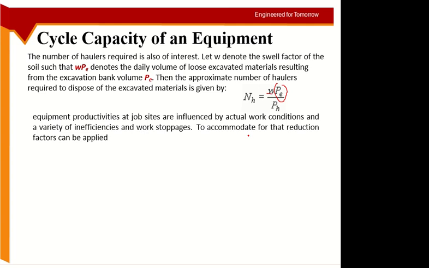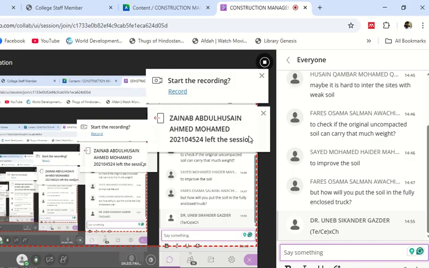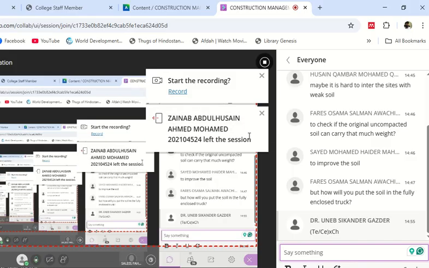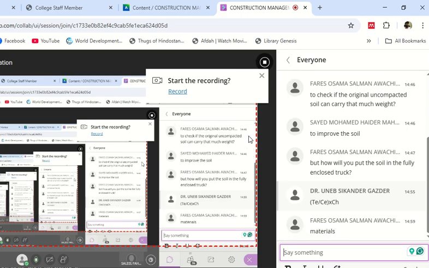Now can somebody remind me in which course you have seen or used this W factor? You have used it. The swell factor, where did you use it? Materials, okay.